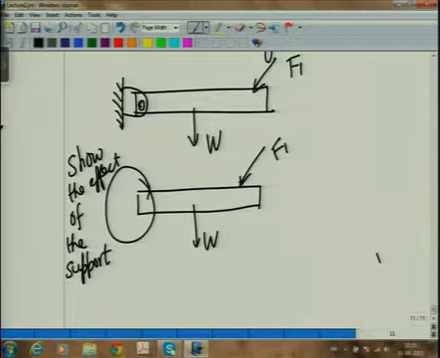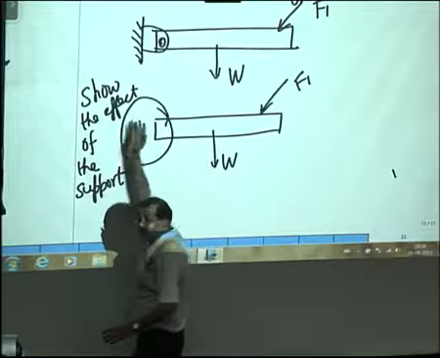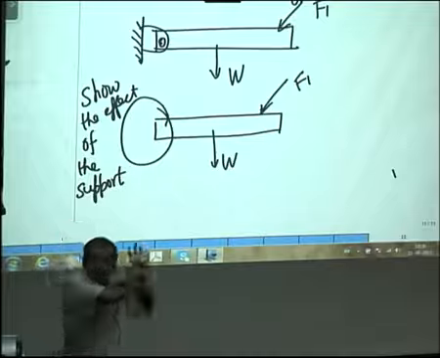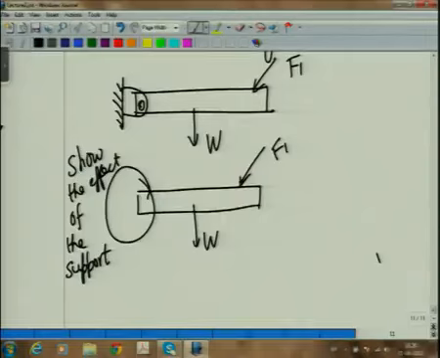I have to show whatever forces or moments are being caused by this pin, because I have removed the pin. So its effect has to come. And this is something which is very important, that this is what the surroundings are doing to the system. They have to be properly monitored.